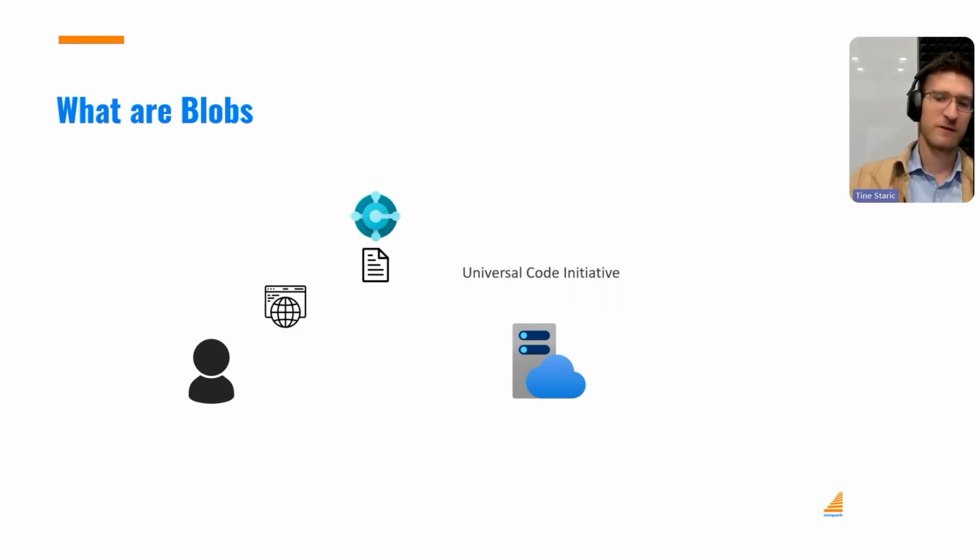I believe that most of you already know this one, but basically what Universal Code Initiative is, Microsoft said, look, all of the code that you write has to work both in the cloud and on-prem. And since we've just established that storing files to the server does not work on cloud, that means you cannot use that same code on-prem as well.